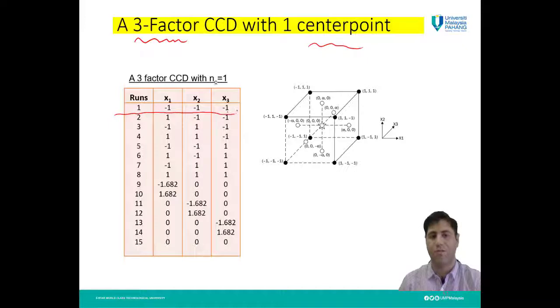Each one of these runs means you need to control x1, x2, x3 as your factors, for example, temperature, pressure, and humidity. You need to provide, for example, 20 degrees Celsius, pressure 1 kilopascal, humidity 20%, and then run your experiment.